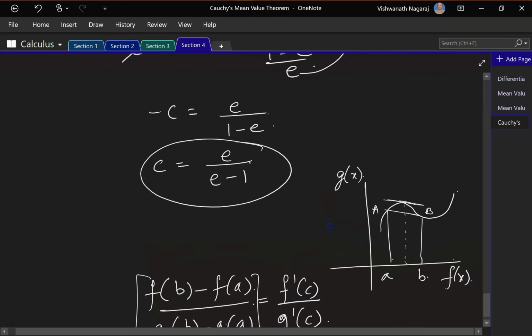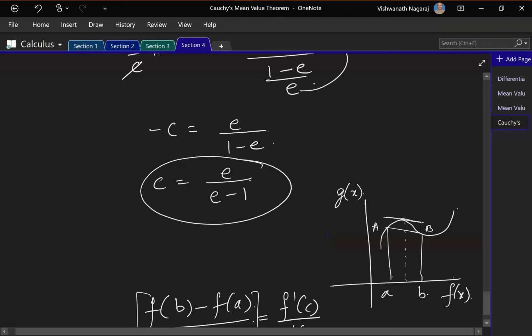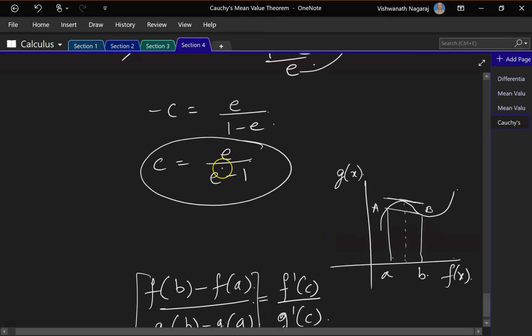And if you really want to make sure, you have to check whether e by e minus 1 is between 1 and e. So 2.7 divided by 2.7 minus 1, which is 2.7 divided by 1.7. So this will be how much?